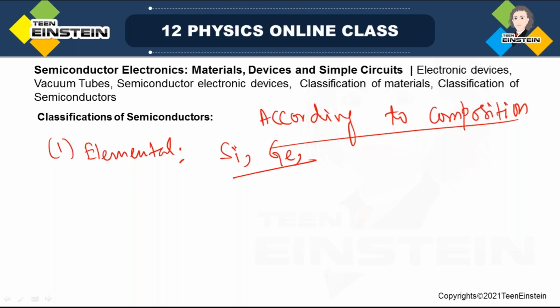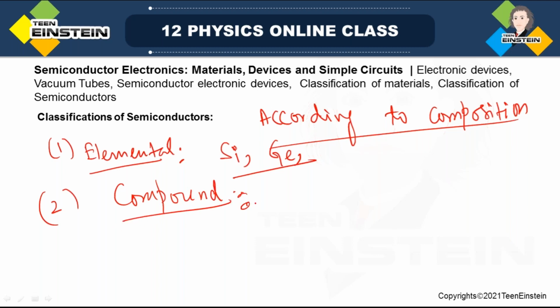And there are many other elements which can weakly act as semiconductor. Then if we go for compound semiconductor, there can be organic, polymer, or inorganic. If we consider inorganic, then gallium arsenide is an example.